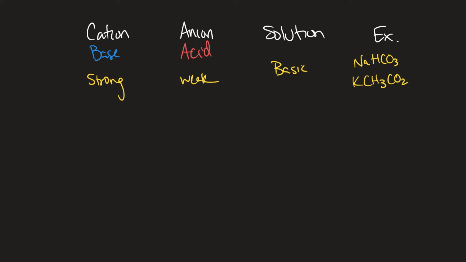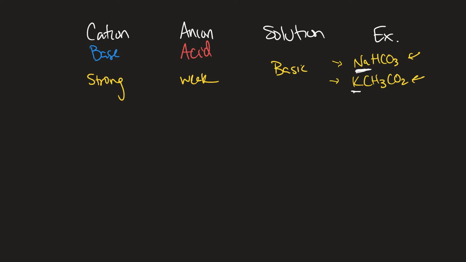Now, what's going on? Let's break these salts down so we can see exactly where we're getting this from. Remember, the cation is coming from a strong base, and typically a strong base consists of a metal and a hydroxide, a metal hydroxide.